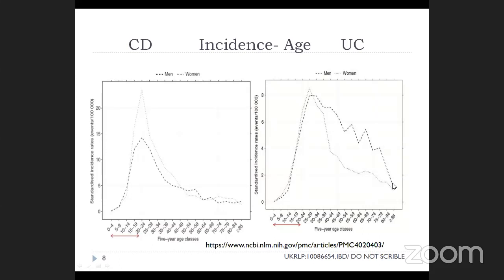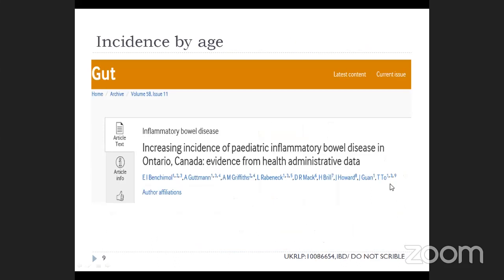So this is an article from Gut which shows there is an increasing incidence in pediatric inflammatory bowel disease. This article says there is an incidence of inflammatory bowel diseases in the age group of 6 and less than 6, and they classified this as early onset inflammatory bowel diseases.